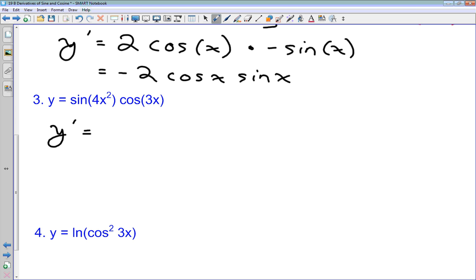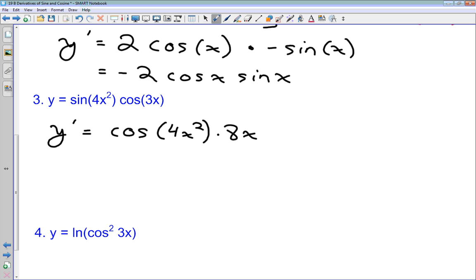If we're using product rule, we first want the derivative of that first function. Our first function is sine of 4x squared. Our outer function, derivative of sine is cos. So we want cos 4x squared times the derivative of the inner function. That inner function there is 4x squared, so our derivative is going to be 8x.